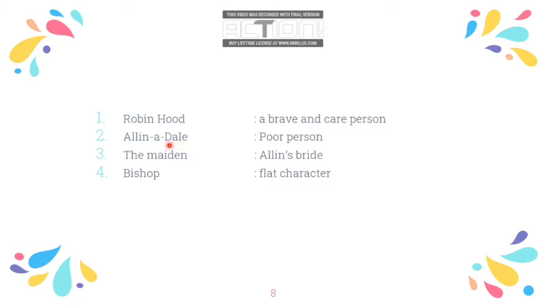And the next is the maiden. The maiden is a young girl. The young girl is Allan's bride. And then the last is the bishop. The bishop in this story is a flat character because he only appears one time in the story.